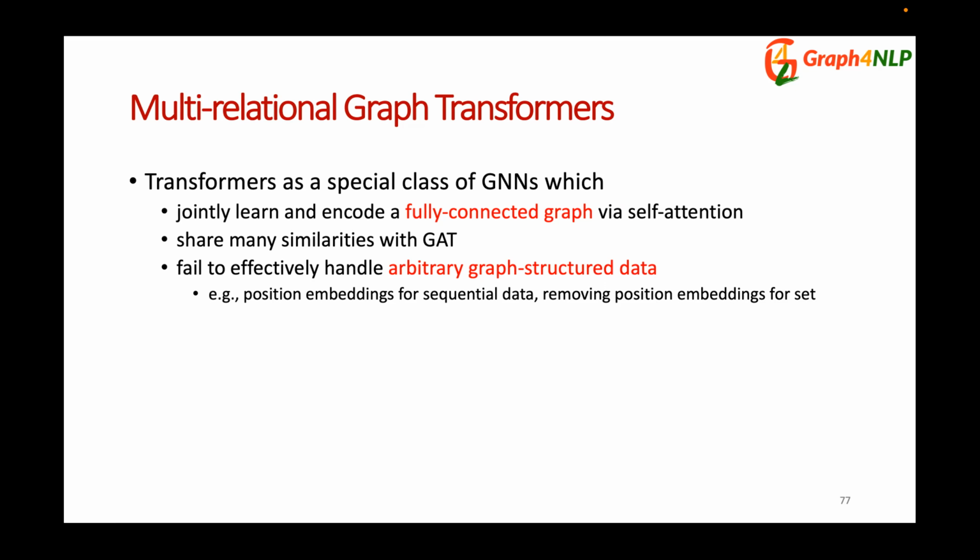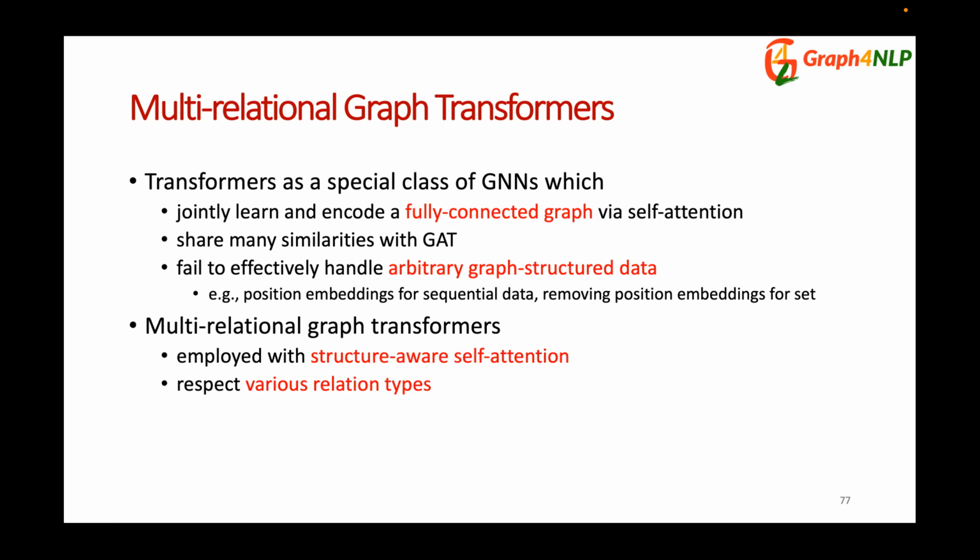For example, position embeddings are used to encode the text sequence, and people have tried to design special position embeddings in order to capture the structure of the graph when they try to apply vanilla transformers to graph structured data. But still, transformer models are not quite good at modeling the graph structure of the input data.